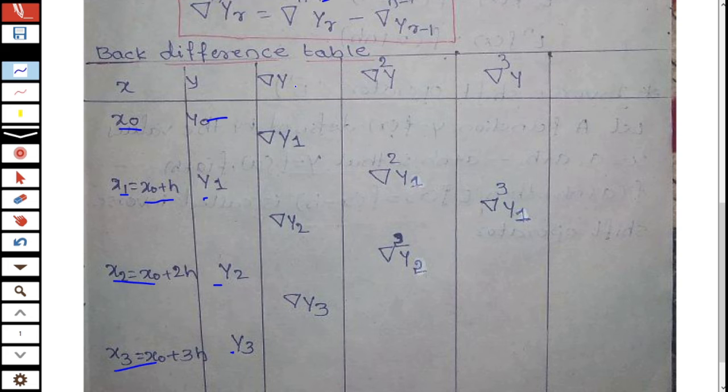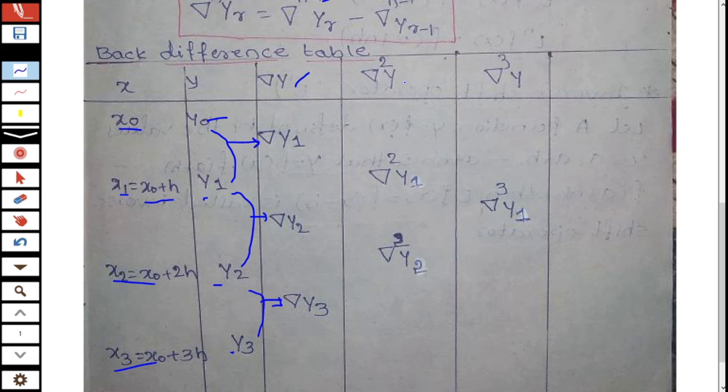Take the first difference, y1 minus y0, that is the value of del of y1. The same way, y2 minus y1 is del of y2, and y3 minus y2 is del of y3.